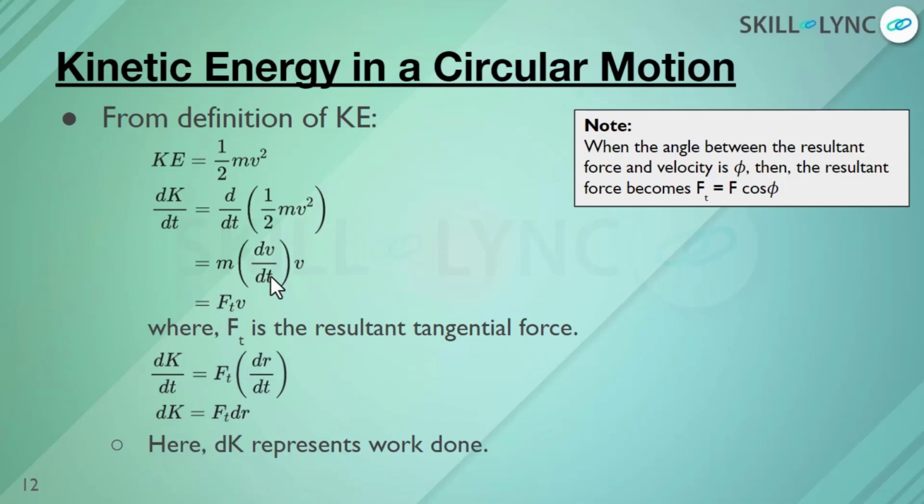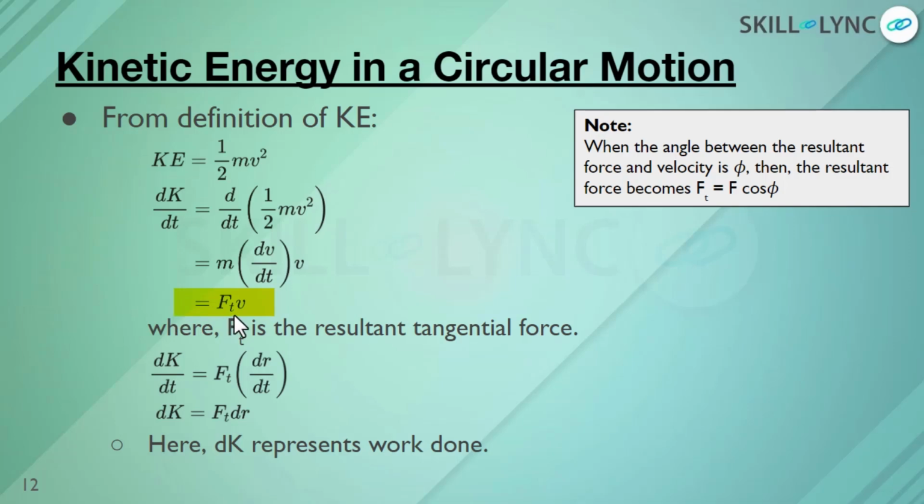can be written as dv by dt. Since the force is tangential, it can be written as Ft, and this complete thing can be grouped together to write Ft, where Ft is m dv by dt. Ft is equal to m dv by dt, and v comes as it was here.